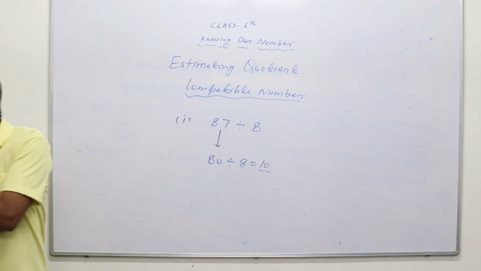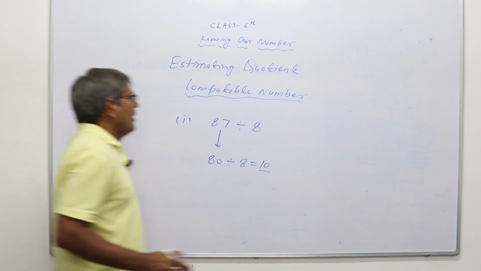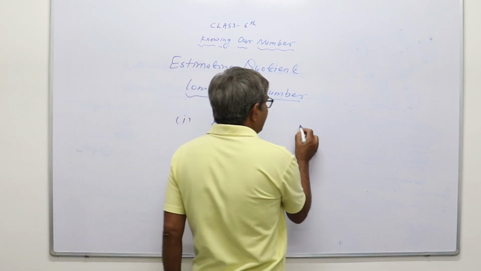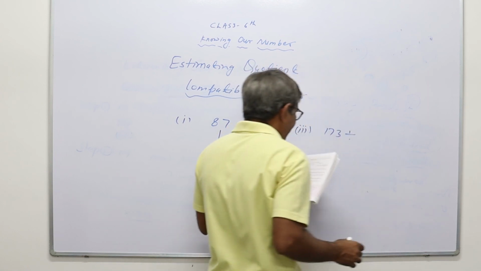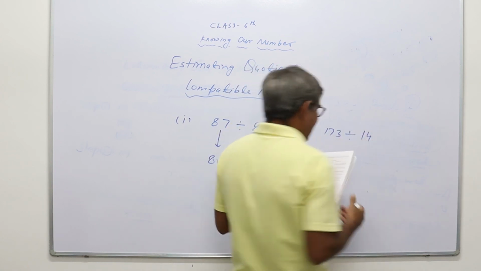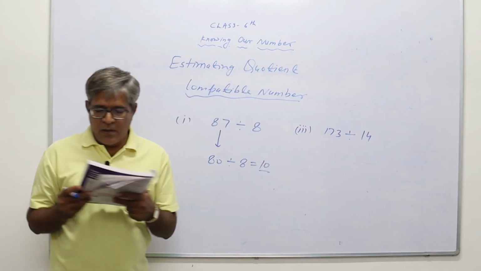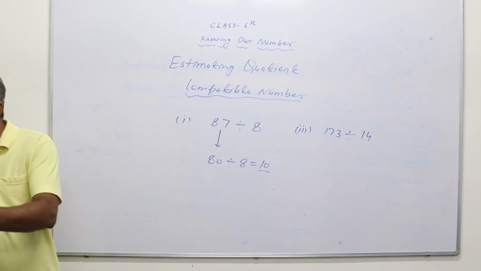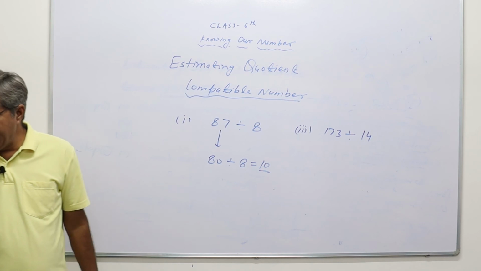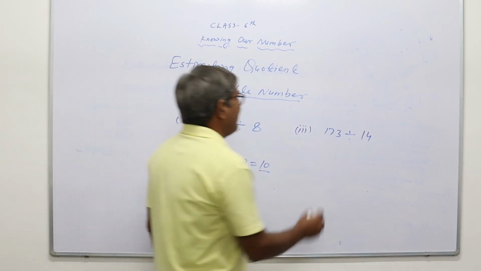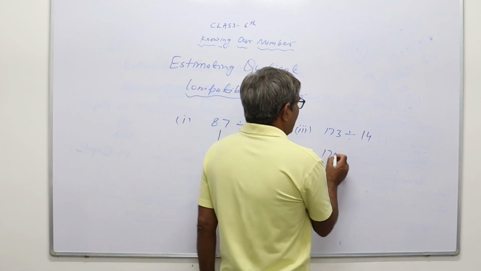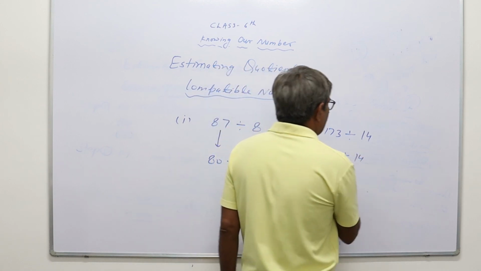Similarly, if we have to divide 173 by 14, then the compatible numbers nearest to 173 and 14 are 170 divided by 14.